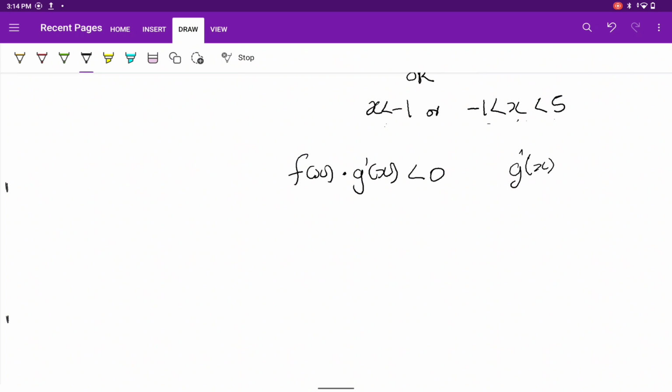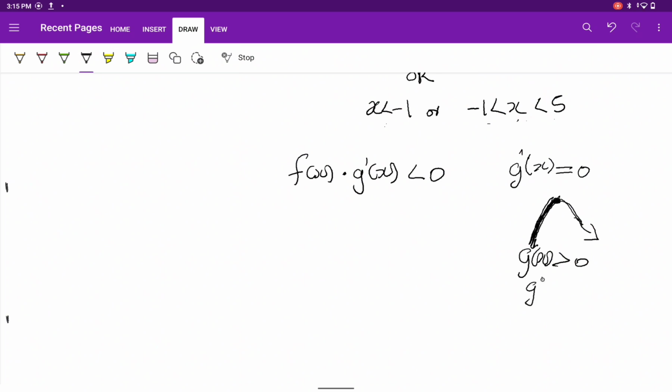If the prime is 0, it means the graph is static. If it's like this, we are talking about this point there. And then if there's a prime and it is greater than 0, it means the graph is increasing. So we want it here where it's increasing.